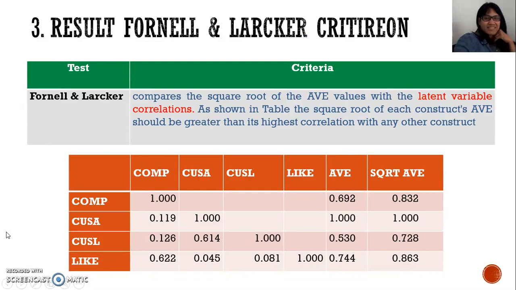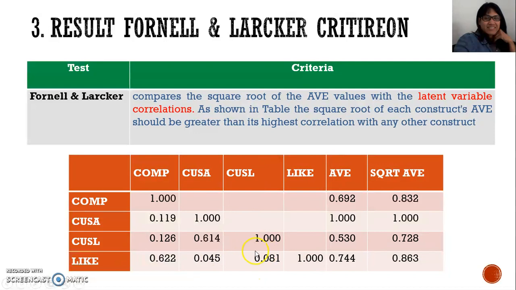This is the result of the Fornell-Larcker criterion as shown in the table. The square root of each construct's AVE should be greater than its highest correlation with any other construct. As you can see here, the square root 0.89863 should be greater than this number, and this number, and its correlations with other constructs.